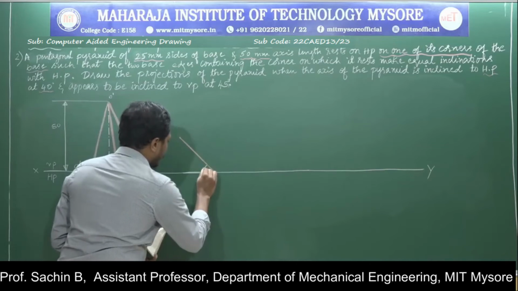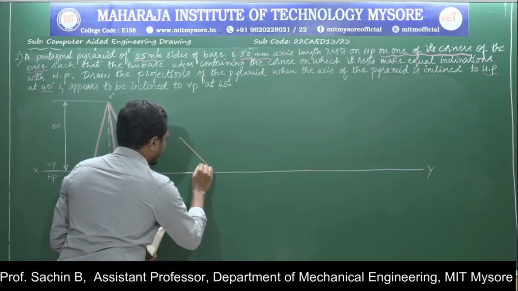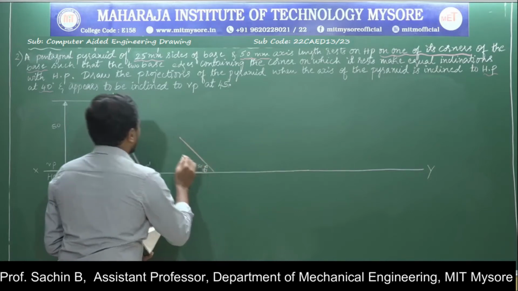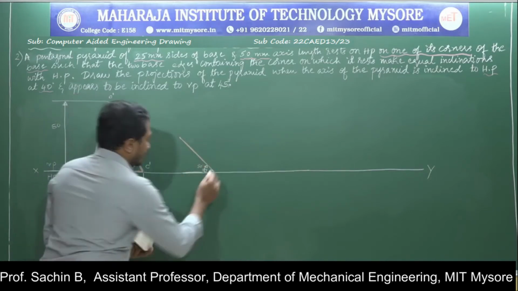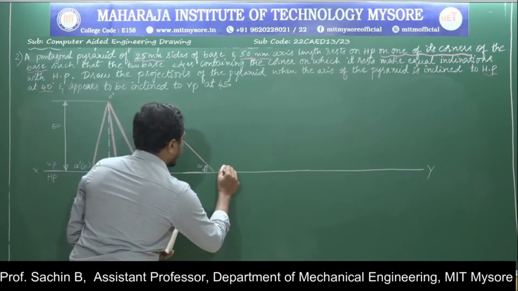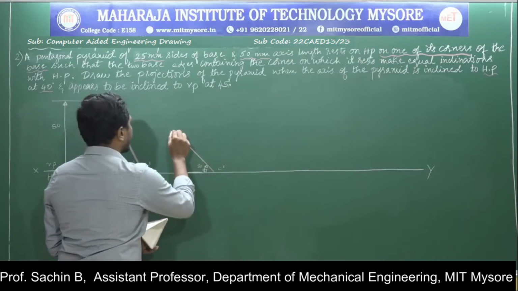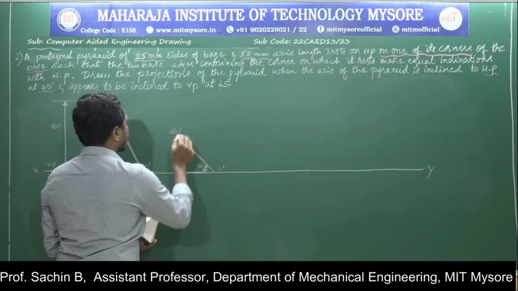Now, this is 50 degrees. This point is C dash. This point is A dash to E dash.